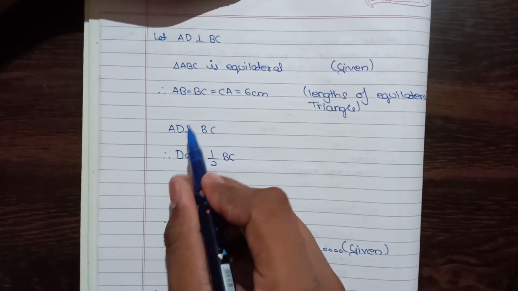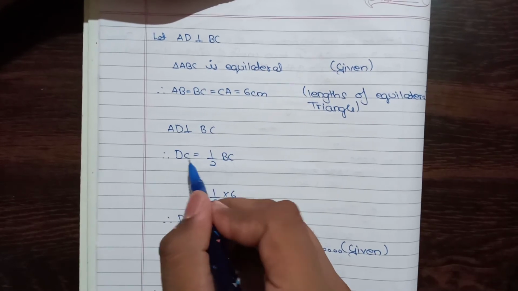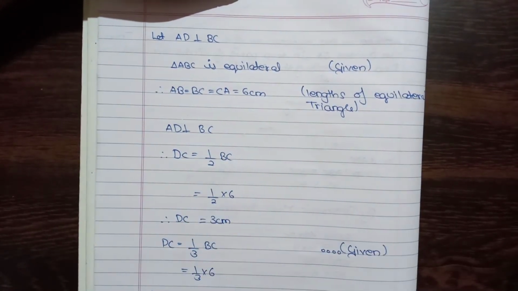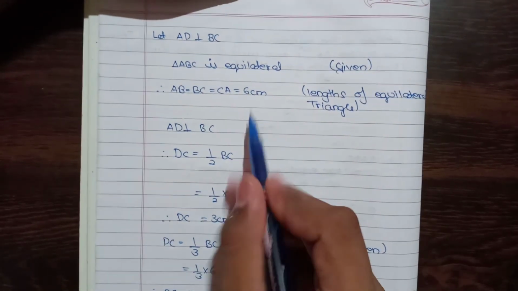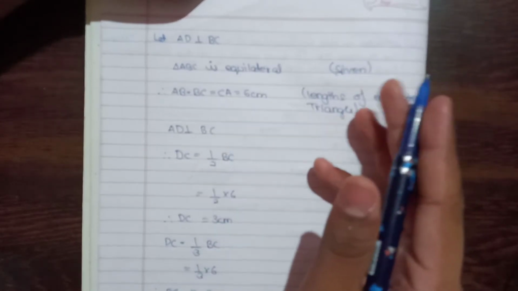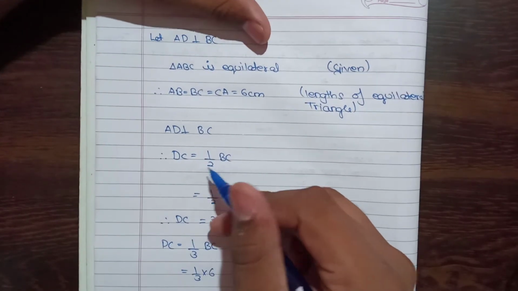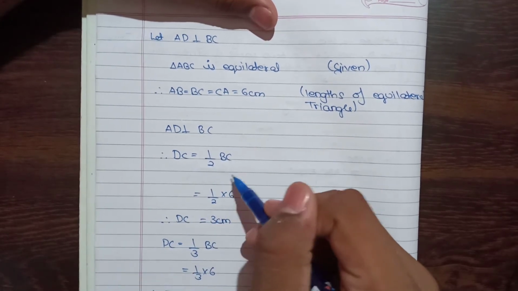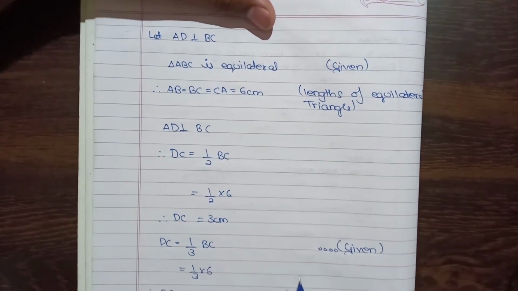So AD is perpendicular to BC. Therefore DC, what I said, DC is half of BC, as the perpendicular bisects the line into two equal halves. Therefore DC equals half into BC, which is 6. Therefore DC equals 3 centimeter.